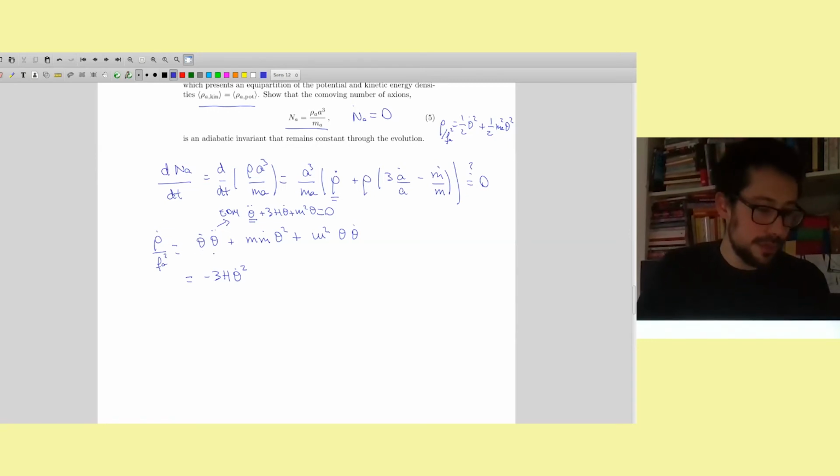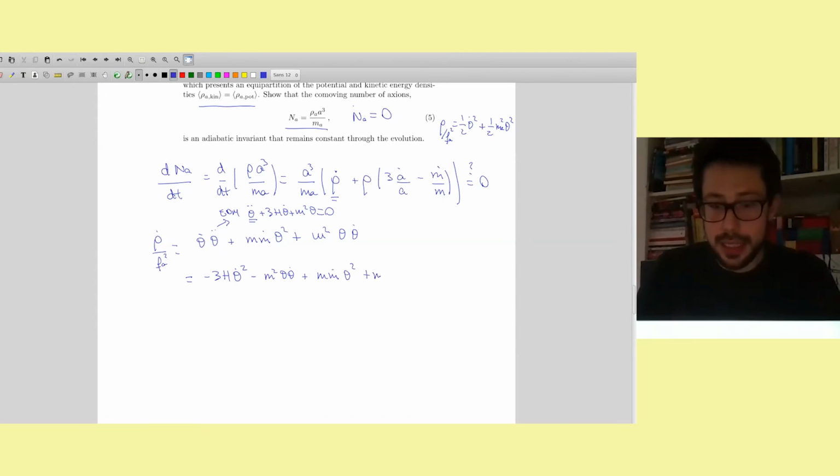Then we have minus m squared theta theta dot plus m dot theta squared plus m squared theta theta dot.